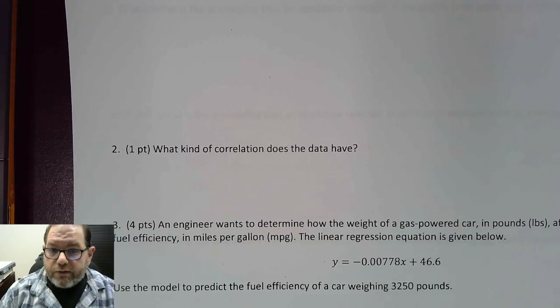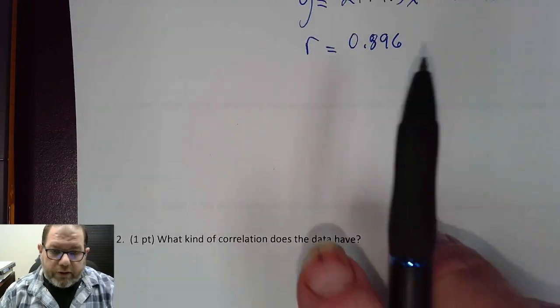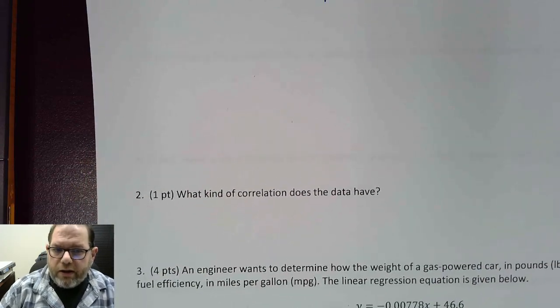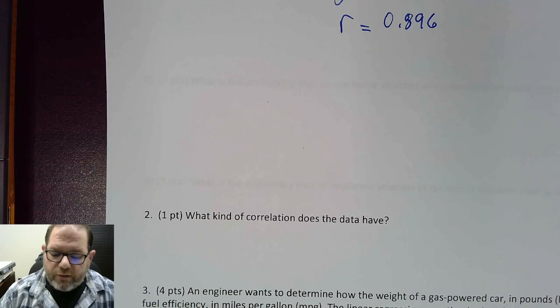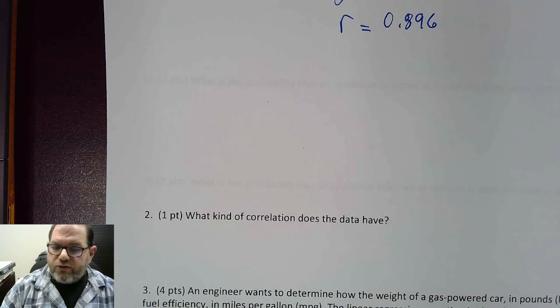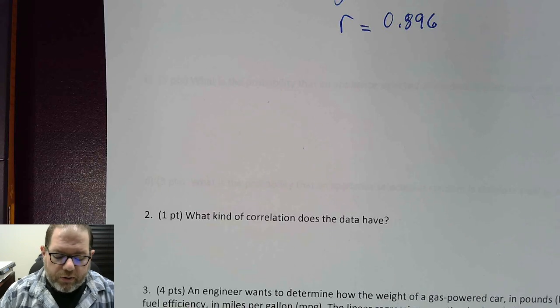Question 2 says, what kind of correlation does the data have? Well, we look at the number r that we found, 0.896. You might remember when we introduced this in chapter 4, we said that if r is in these different ranges, then we assign it a different word, whether it's positive or negative, and whether it's a weak, moderate, or strong correlation.